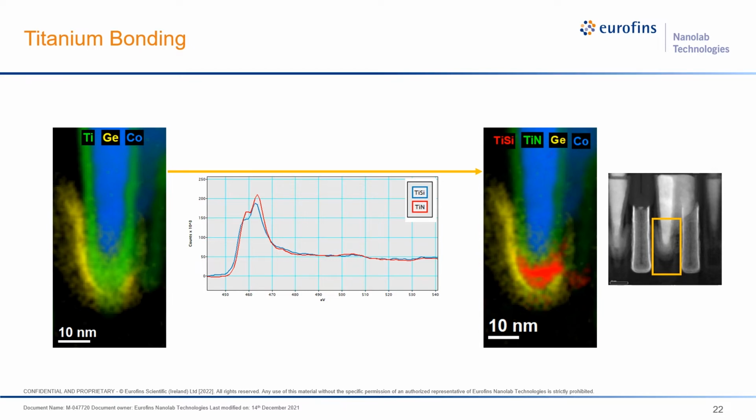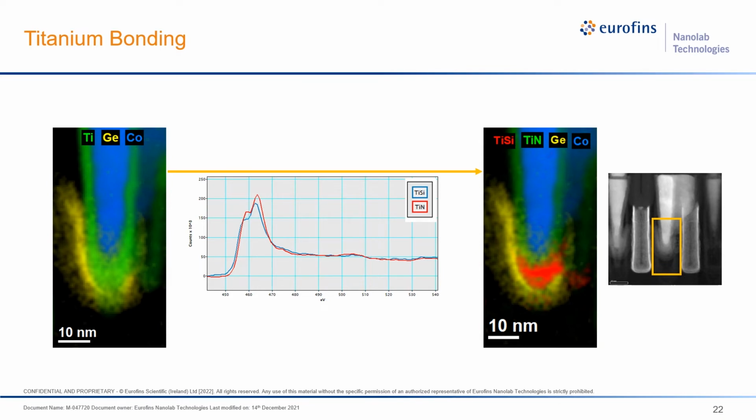And now the industry has widely adopted titanium silicide as a contact layer between metal contact and source drain. So from the view of elemental analysis, the issue is how can I analyze the titanium silicide when the titanium nitride barrier layer is also in the analysis region? So how do we differentiate the titanium from titanium nitride and the titanium from titanium silicide?